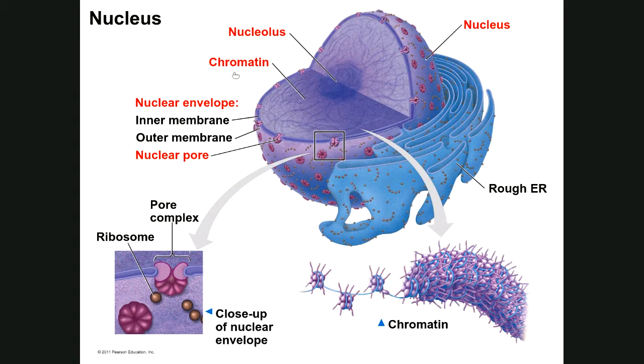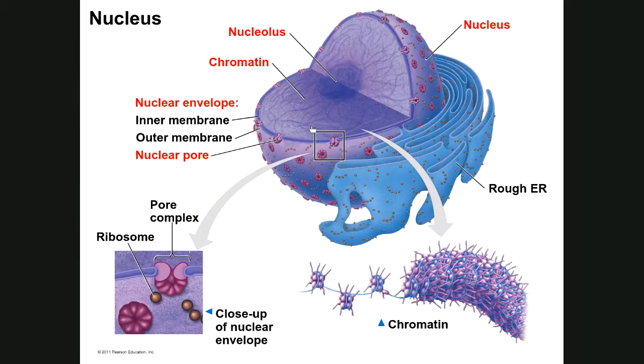chromatin. Everybody, whenever you see the terms chromatin, chromosome, sister chromatids, whenever you hear any of those three terms, automatically tell yourself they are talking about DNA. So instead of saying DNA, they say chromatin, but chromatin refers to how the DNA is packed within the nucleus.